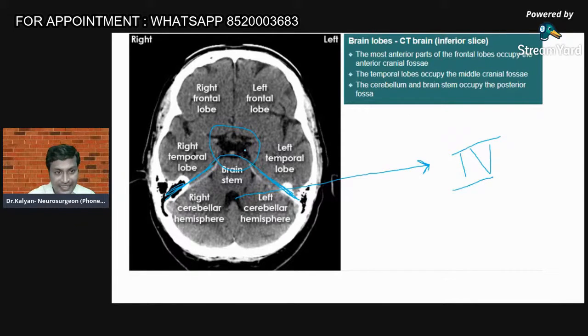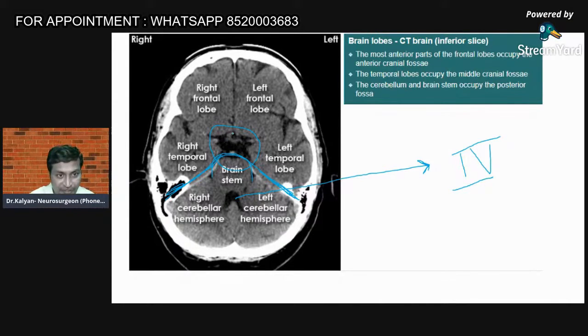So this cisternal space is the space between the frontal lobe and temporal lobe, and this space completely surrounds the brainstem. I will show you in my next picture. So these are known as the basal cisterns. This is the most important thing which I'll be telling you in this entire session. These are known as the basal cisterns.